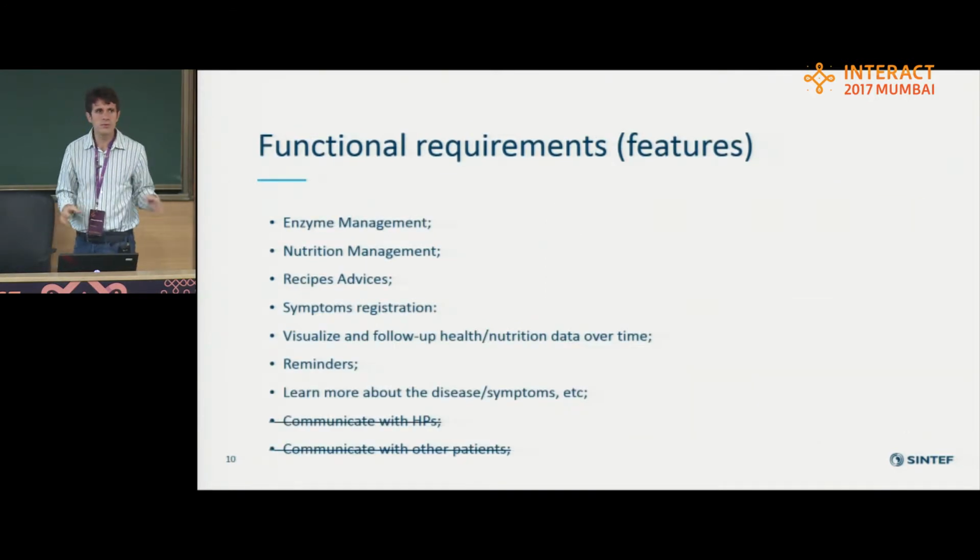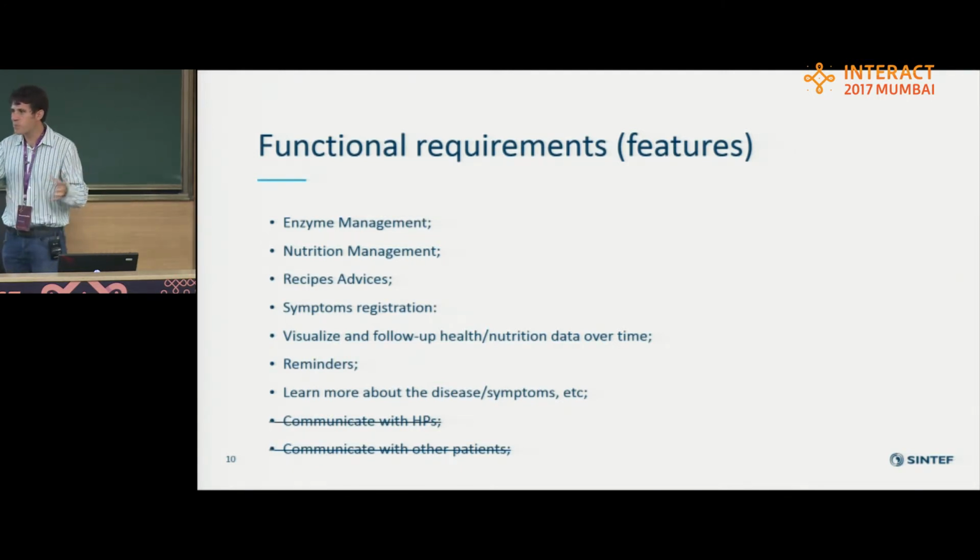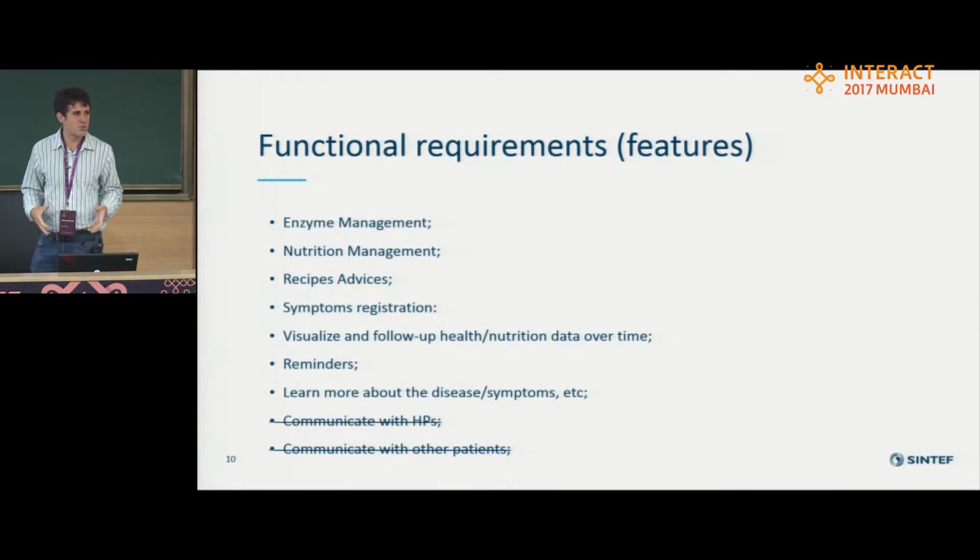So talking about the functional requirements that we got, this actually shows a bit how complex it can become to address the whole needs of self-management of this disease. It started, for example, from enzyme management, because as I mentioned, they need to take enzymes before every meal.